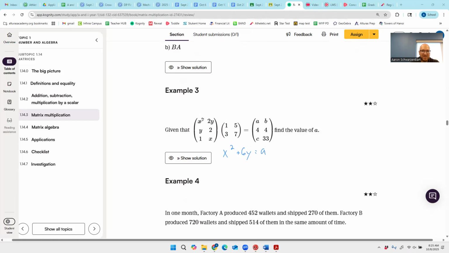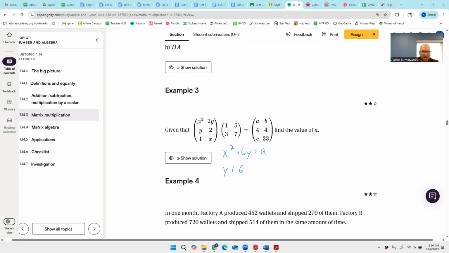So I'm going to multiply these two and get that. Okay. Row 2 times column 1 should equal that spot. 6.